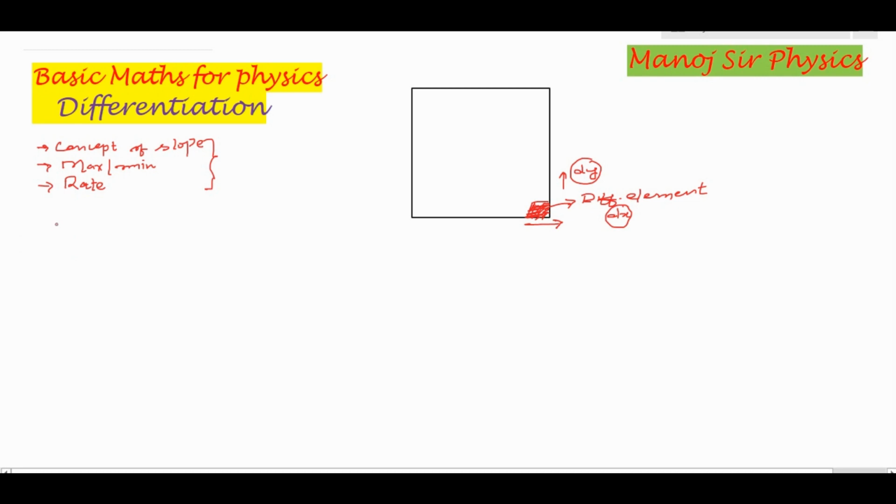First rule I am going to discuss under differentiation, that is rule number 1. I am telling you, that is the power rule. It means if y is a function which is equal to x raised to power n, then the rule is d upon dx. d upon dx, this is the symbol of differentiation.